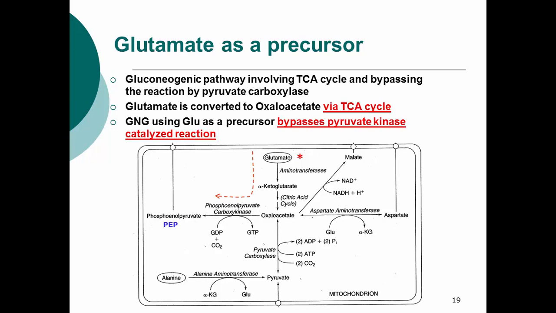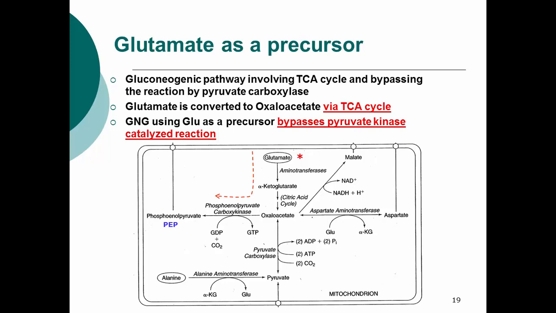I think we talked about some part of gluconeogenesis in the last class, and we mentioned that some of the amino acids are also precursors that can be used for gluconeogenesis.